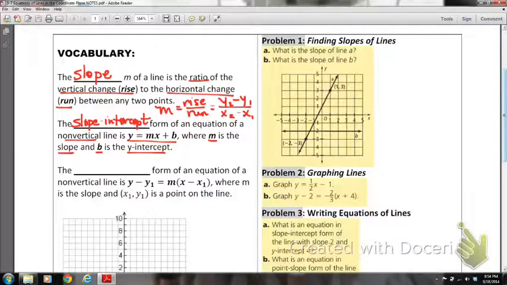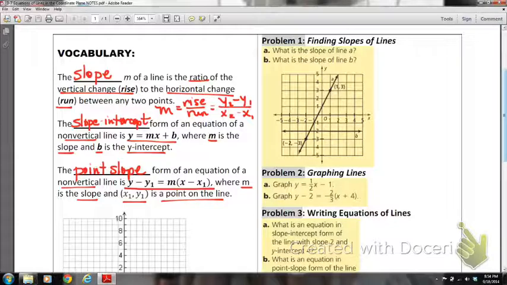The next third definition is point slope. The point slope form of an equation of a non-vertical line is y minus y1 is equal to m times x minus x1, where again m is the slope and x sub 1, y sub 1 is a point on the line.